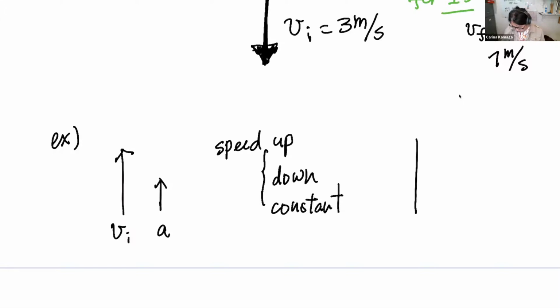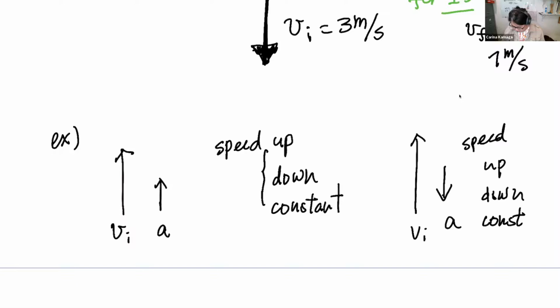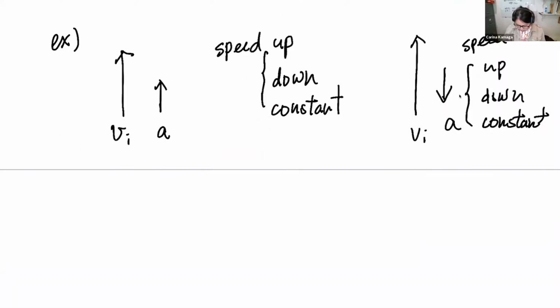What happens if you have an initial velocity and acceleration in this way? Is the speed going up, down, or constant? What happens if you're moving in this direction, but the acceleration is like this? Does the speed change?